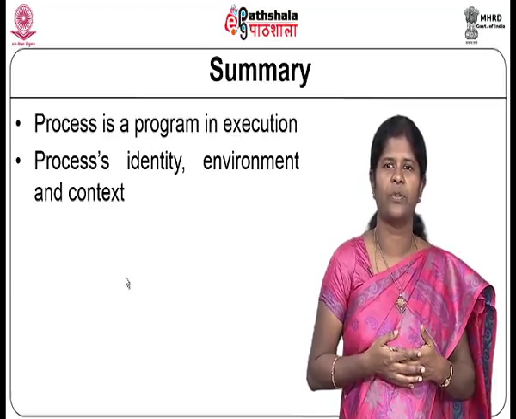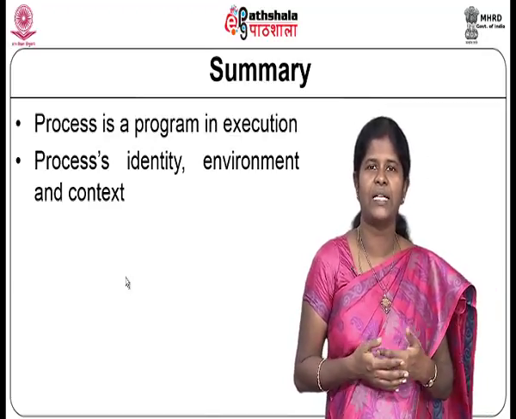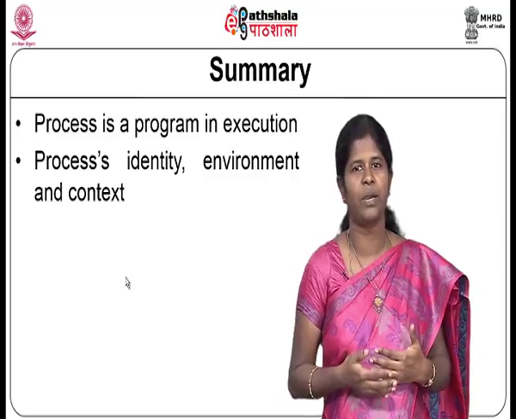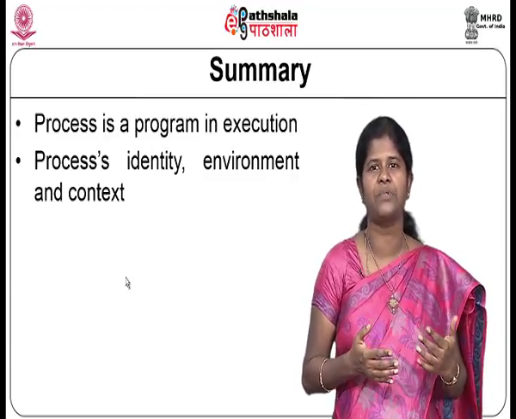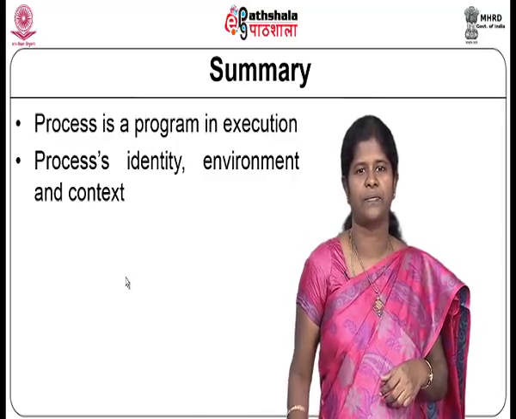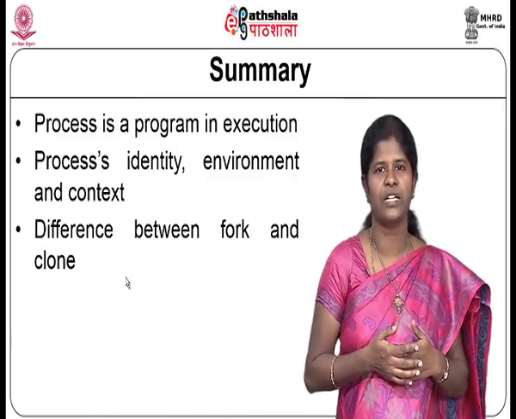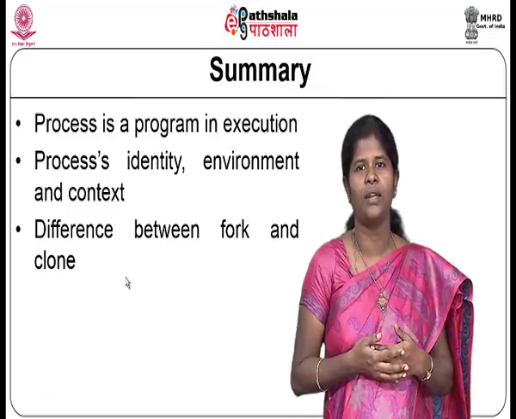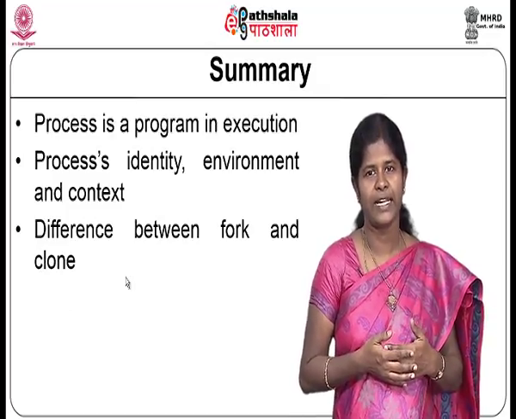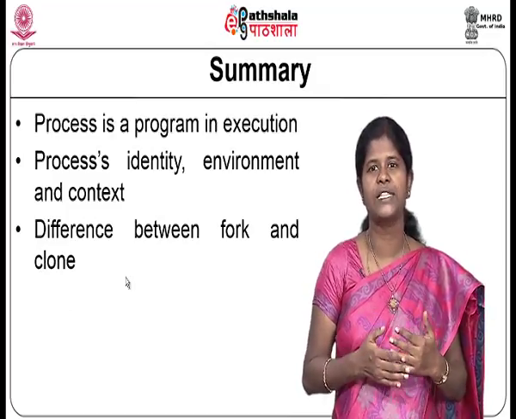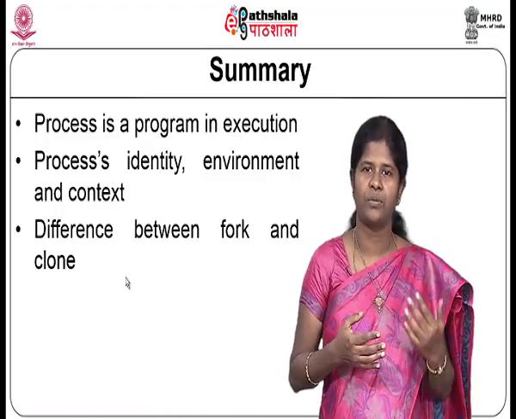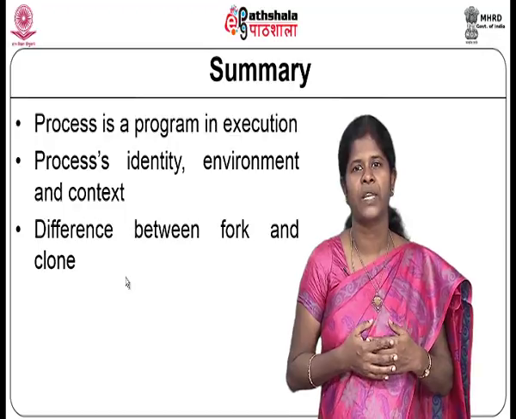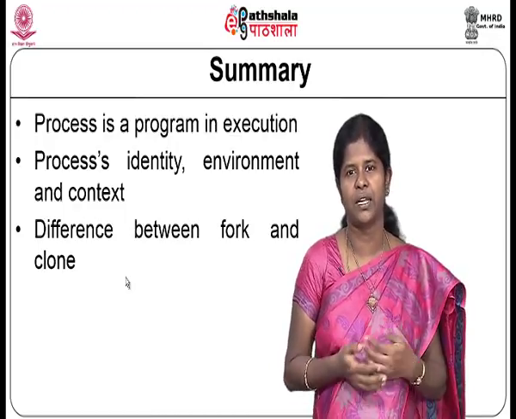The context of a process comprises the file table, the file system context, the virtual memory context, signal handler table, and so on, all kept in different data structures. And then we learnt about the difference between the fork and the clone call in Linux. In Linux we use a clone call which lets you set different flags so that you can copy certain context and share certain context.